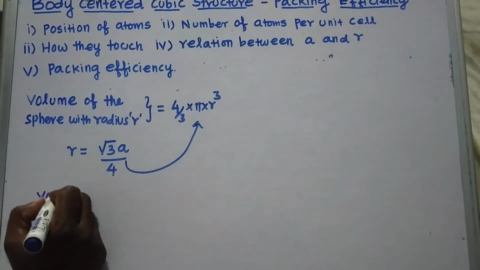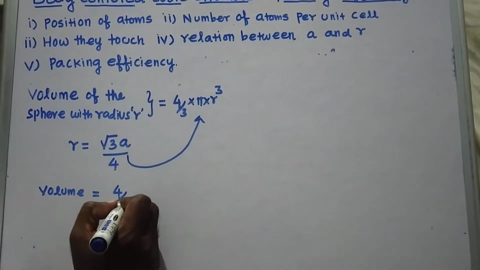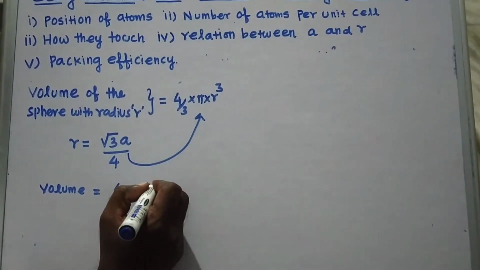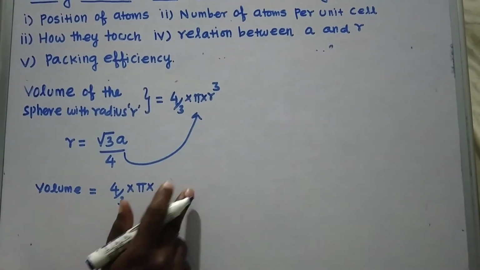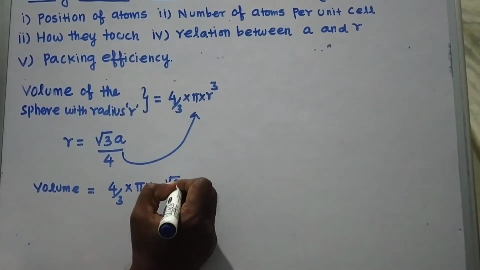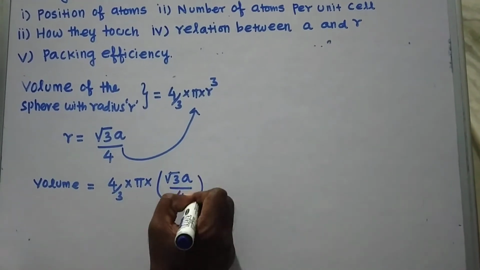Then volume is equal to 4 by 3 into pi into, when r is equal to root 3 a by 4, whole cube.